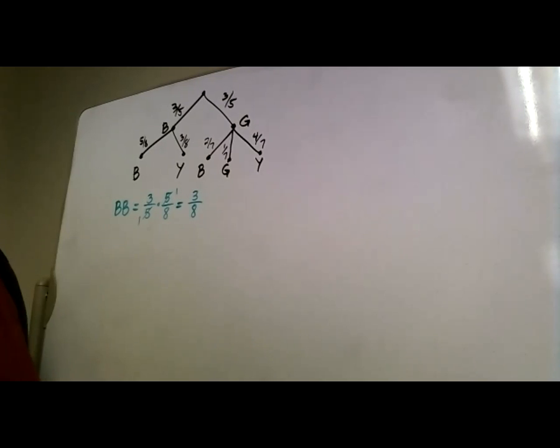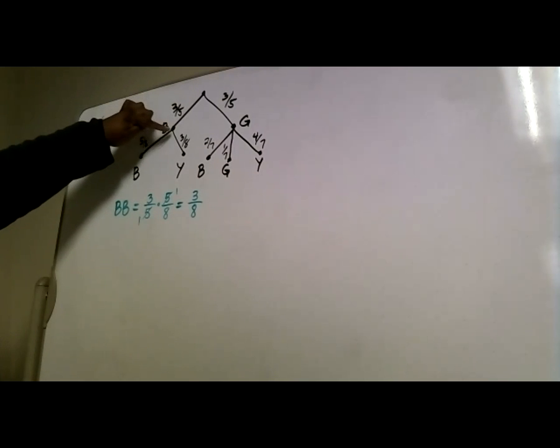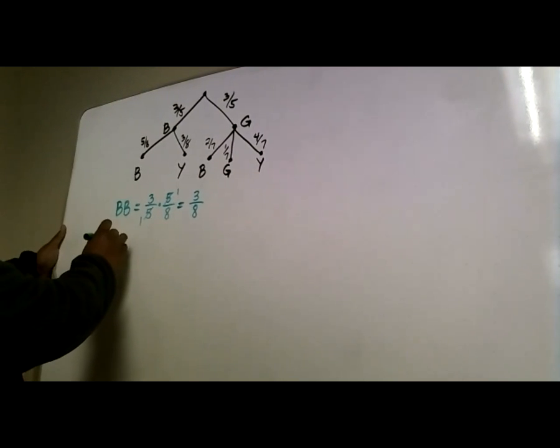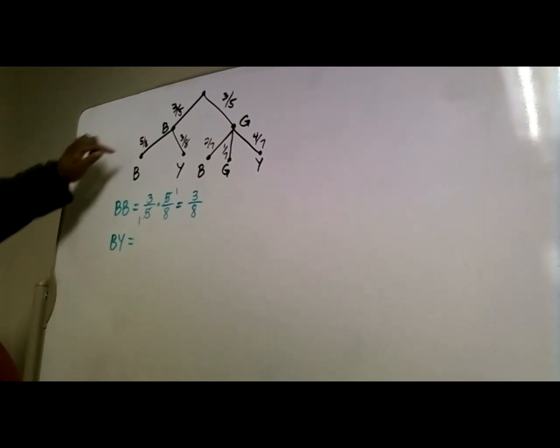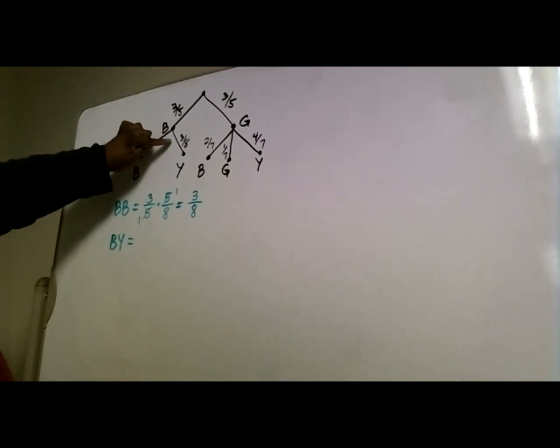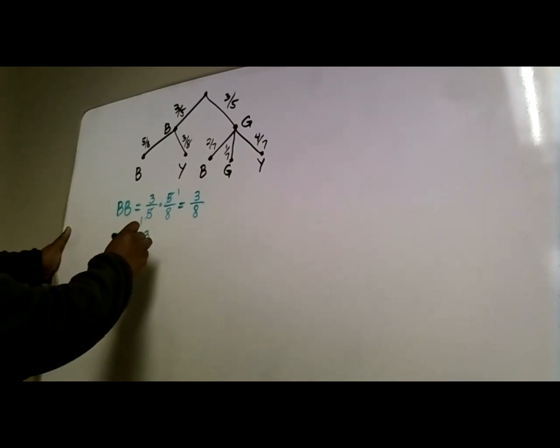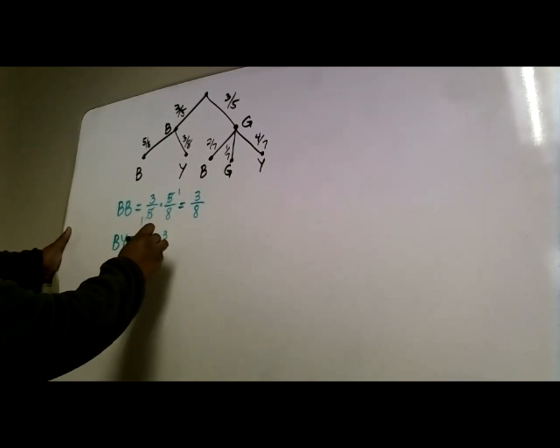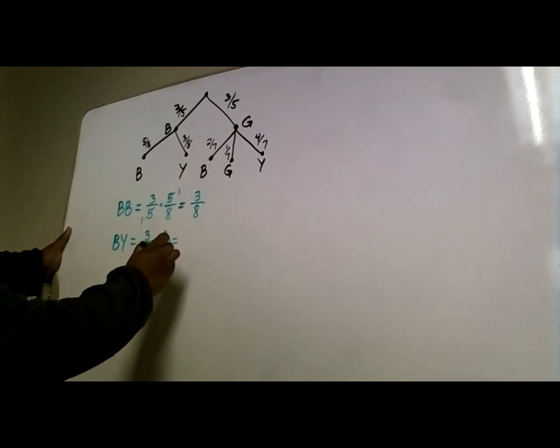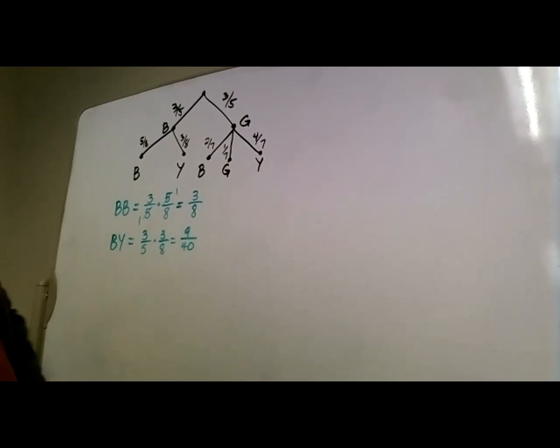So in simplest form, that probability there would be 3/8 for drawing 2 blue marbles. And then the other branch will be from a blue to a yellow. So here, this will be 3/5 times 3/8. So I have to do 3 times 3, that's 9, over 5 times 8, that's going to be 40. So that probability there of drawing a blue and then a yellow would be 9 out of 40.